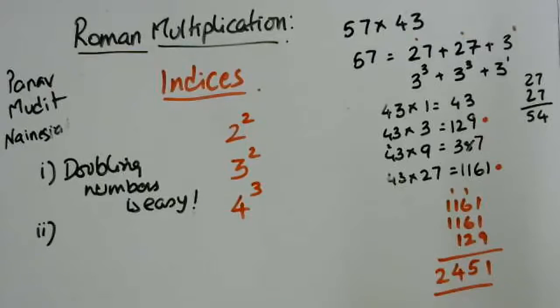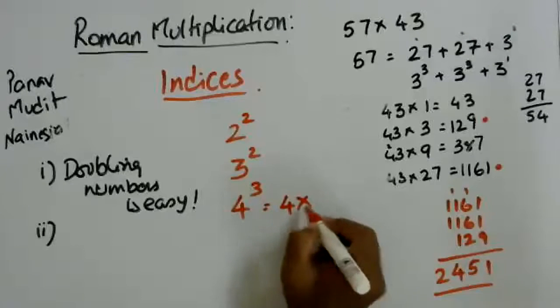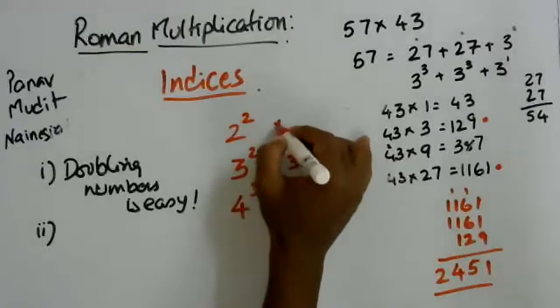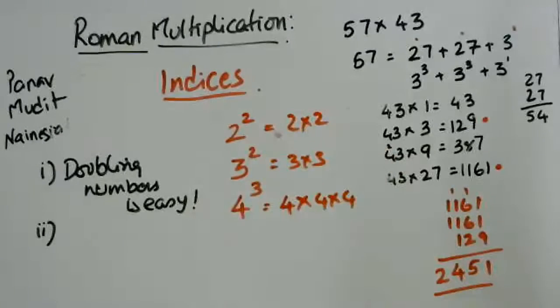That means 4 into 4 into 4. Yes, exactly. This is a way of simply writing 4 times 4 times 4. Okay, I understand, sir. Yes, there is nothing complicated about it.